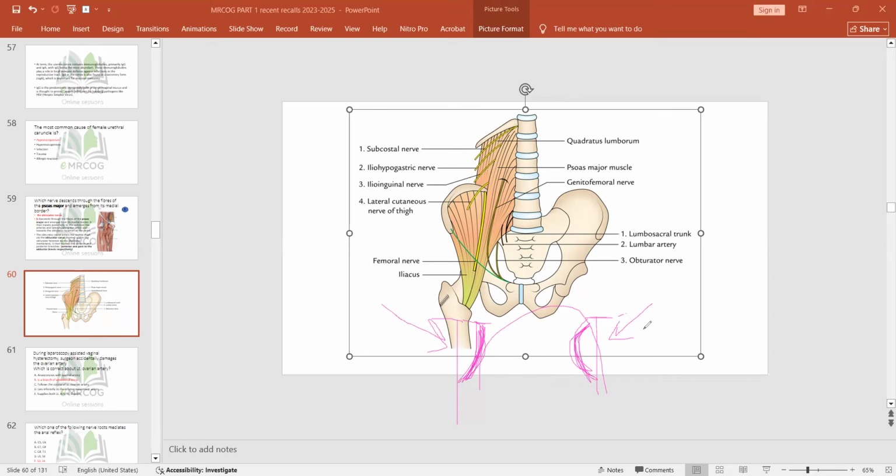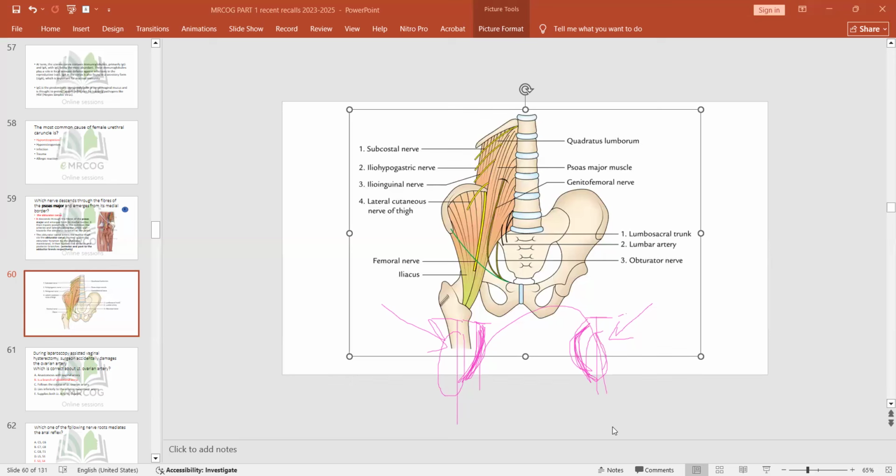Right? Okay, which nerve is responsible for the anterior surface sensation? Some lateral, some medial, but mainly anterior. Femoral nerve. Excellent. All of those are exam questions, and all of them appeared in the exam before.